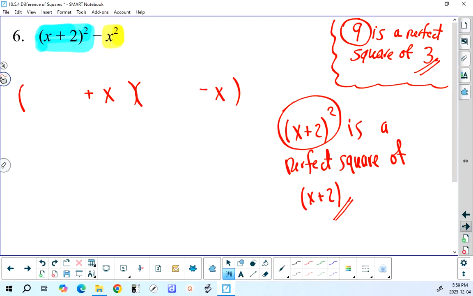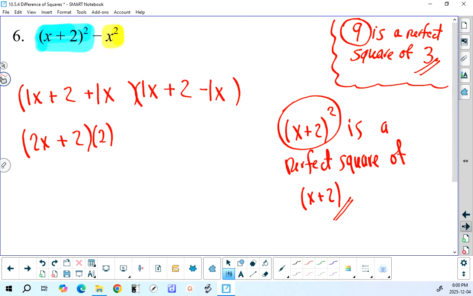And that means we put x plus 2 here, and we put x plus 2 here, and we clean this up a bit. We've got 1x plus 1x in here, which is 2x plus the 2. And over here you have 1x minus 1x, which is nothing. We're just left with the 2 in there.